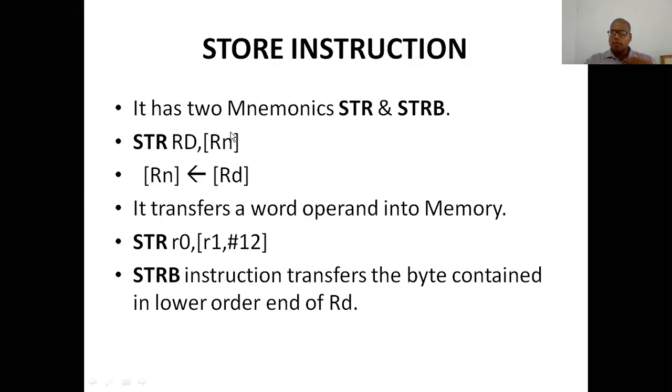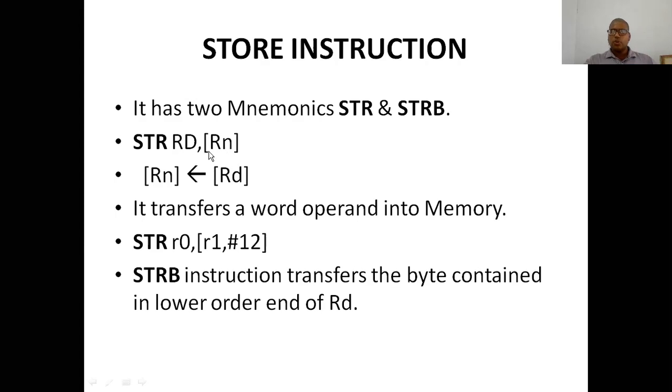It is bounded with square brackets. Whenever you encounter square brackets, you need to conclude that whatever value is present between the square brackets should be considered as a memory address, or the address of a memory. Is it clear?